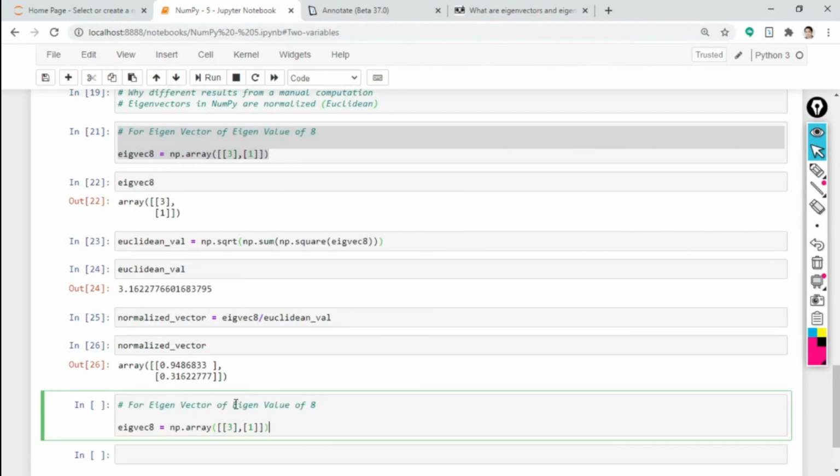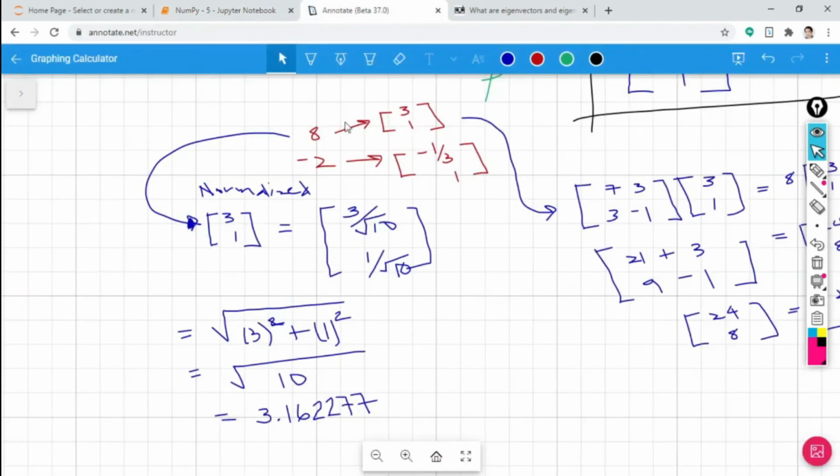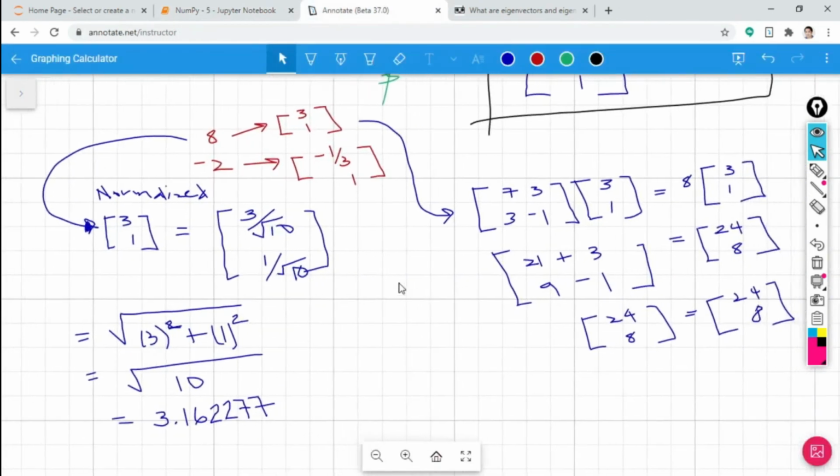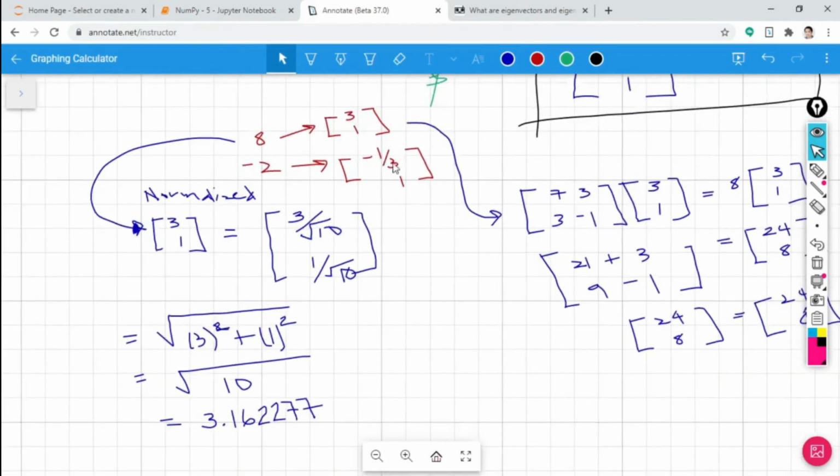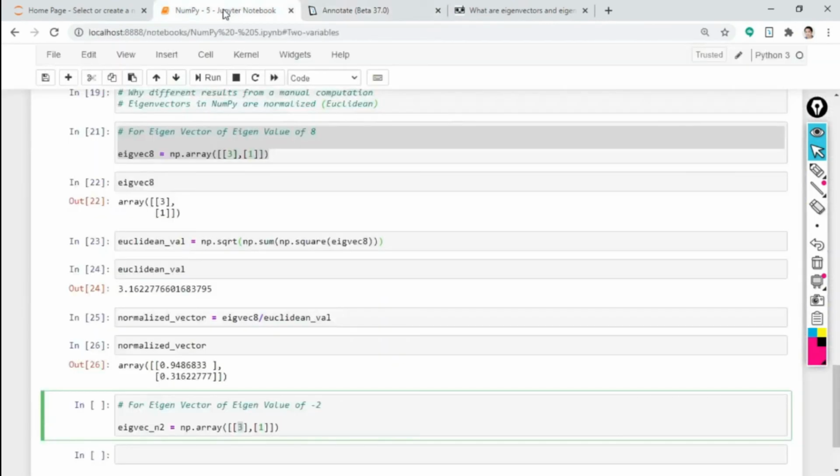So for the eigenvector of the eigenvalue of -2, for example, the derived eigenvector, if you remember our computations, is -1/3 and 1.